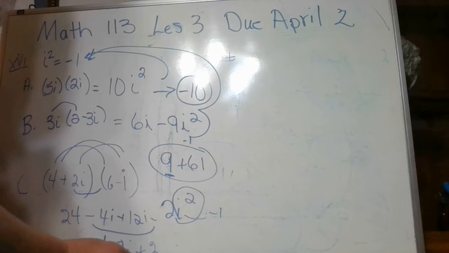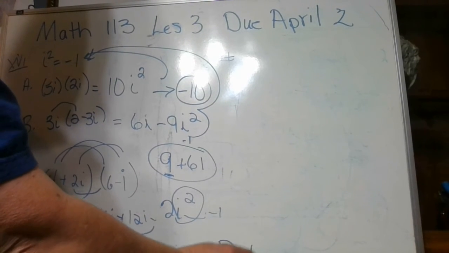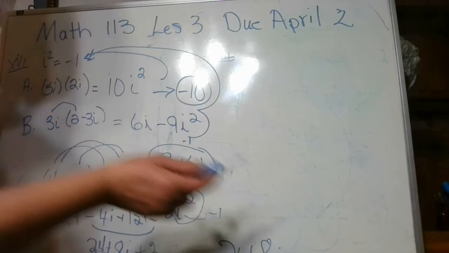So then I have two real numbers here, so it's going to be 26 plus 8i.